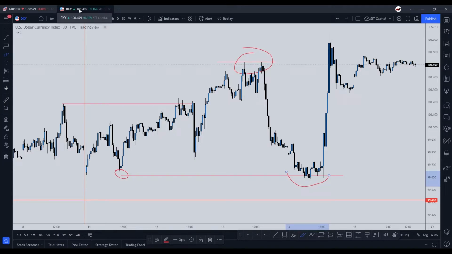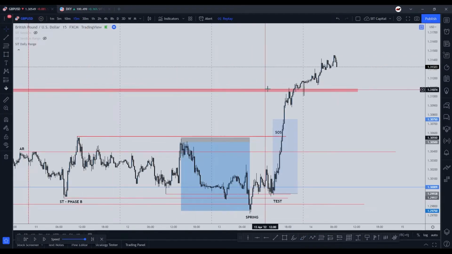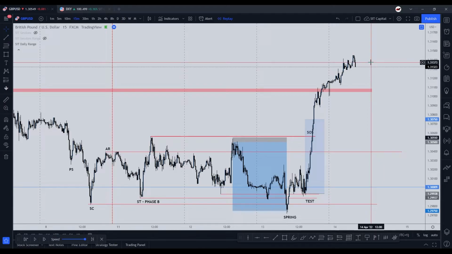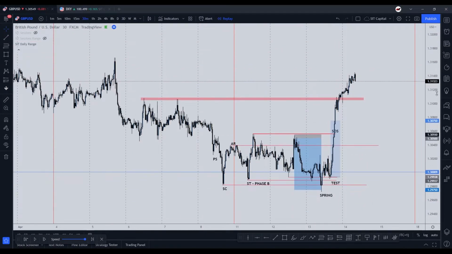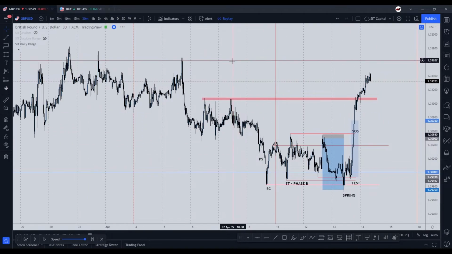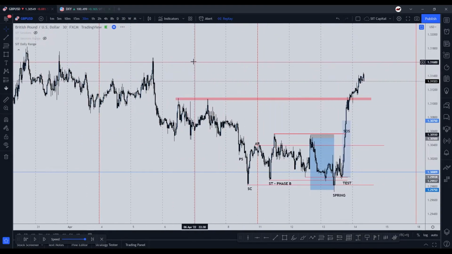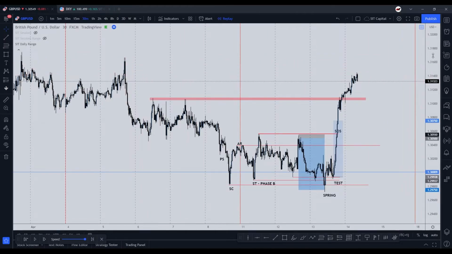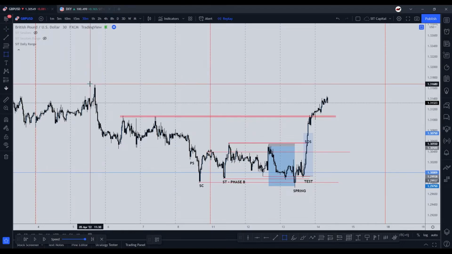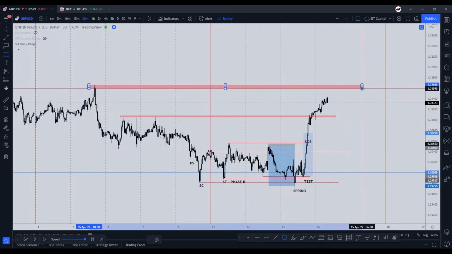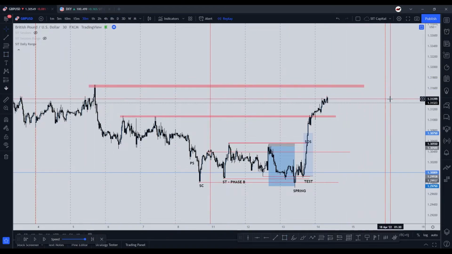Knowing this, and also knowing that the UK has slow growth and there's no way these prices are sustainable, we are just looking for the highest spot to sell the pound and take it into the lows all the time. We are easily retesting the highs from the previous week.